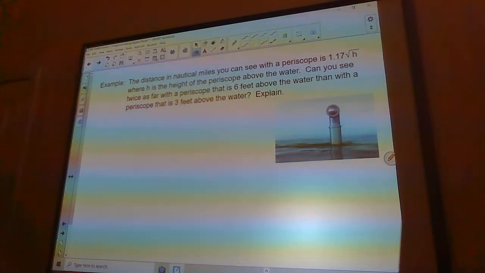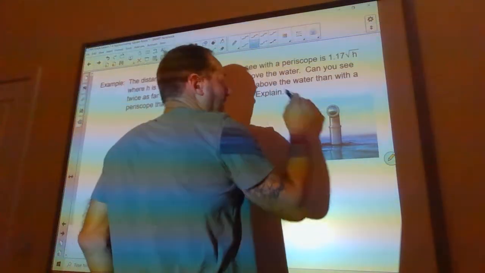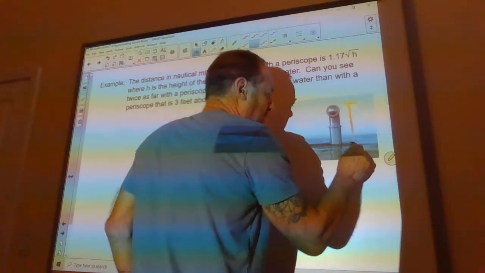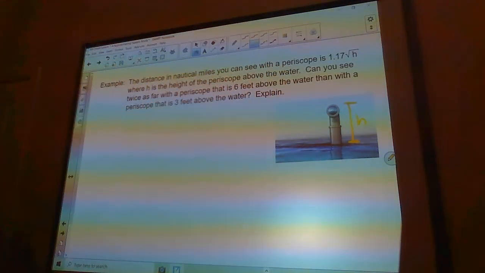The distance in nautical miles you can see with a periscope is 1.17 times the square root of h, where h is the height of the periscope above the water. So if we look at this picture here, that distance right there is h. Can you see twice as far with a periscope that is 6 feet above the water than a periscope that is 3 feet above the water?